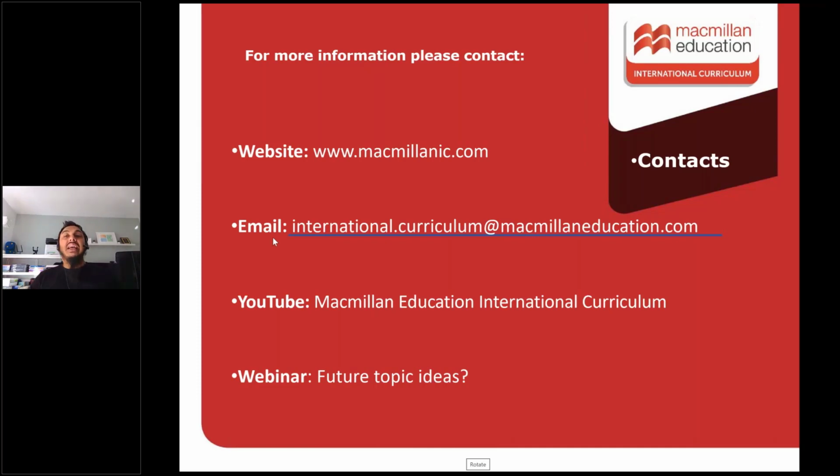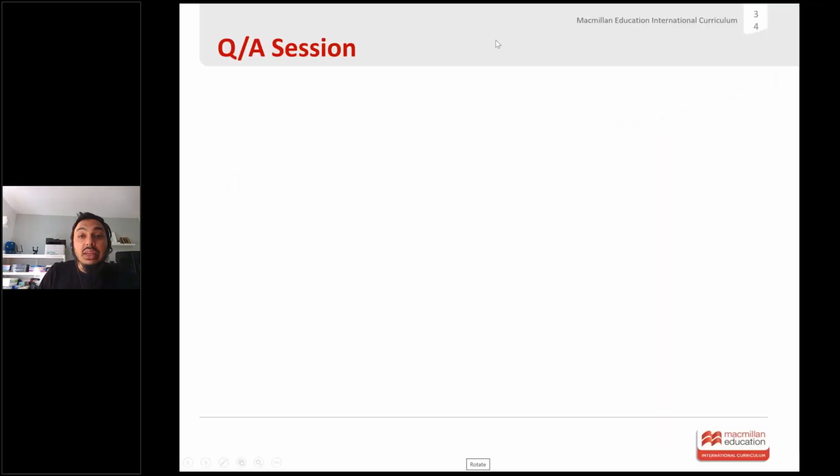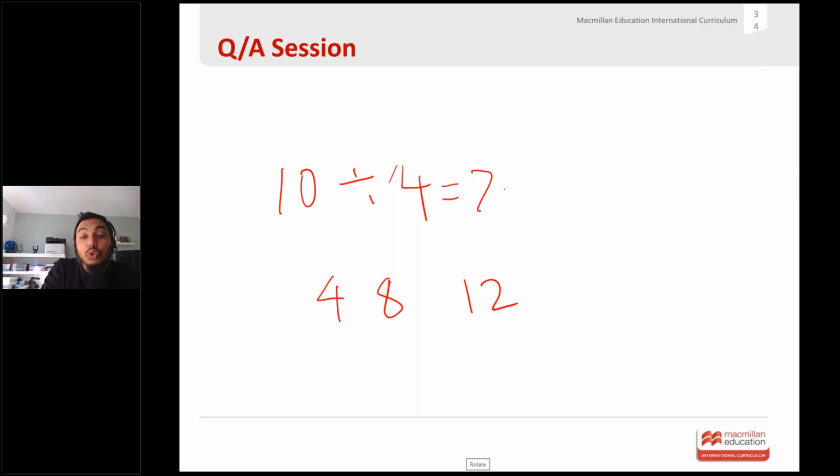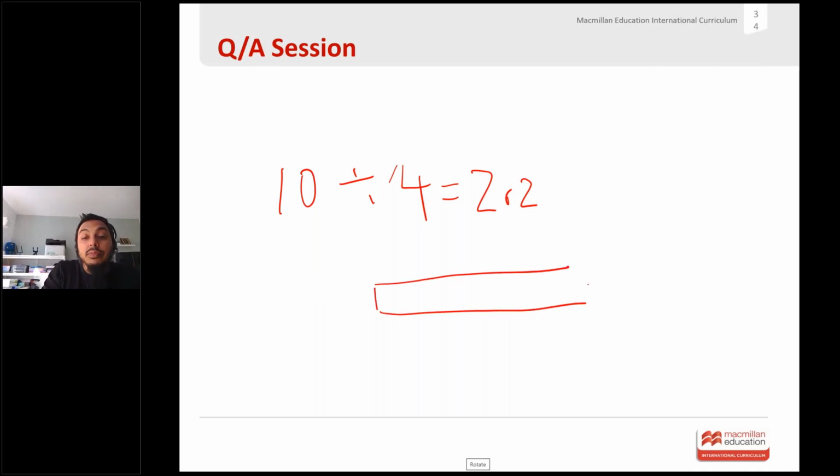If we look at 10 divided by 4 as an example, we can do that really nicely. We know that 4, 8, then you've got 2 remainder, right? So you've got 4, then 8, and then 12. So we know that it's 2 remainder 2, and that remainder 2 means we're dividing 2 by 4.